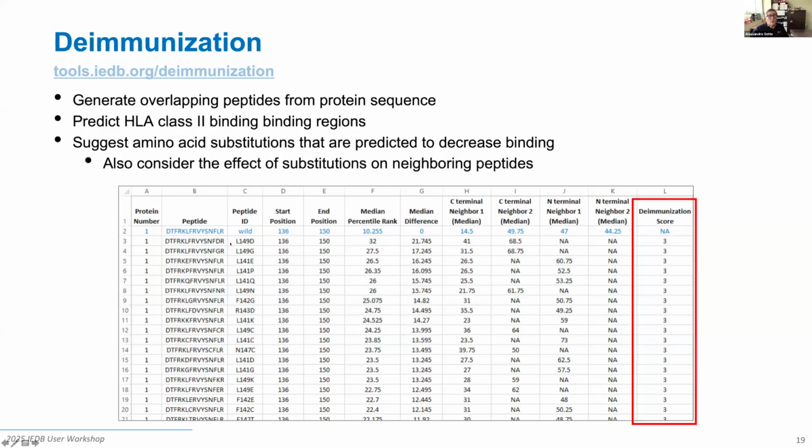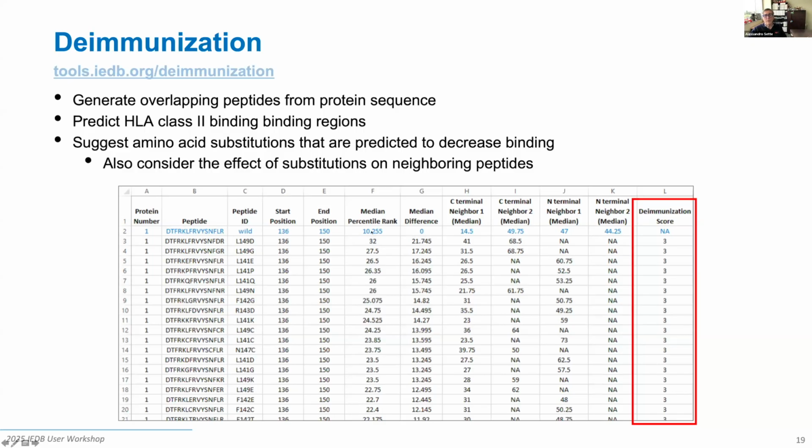And then the tool generates all possible different single amino acid substitutions, and then calculates the predicted percentile binding of the single amino acid substitution peptide, looking for instances in which there is a significant reduction in binding capacity compared to the wild type.